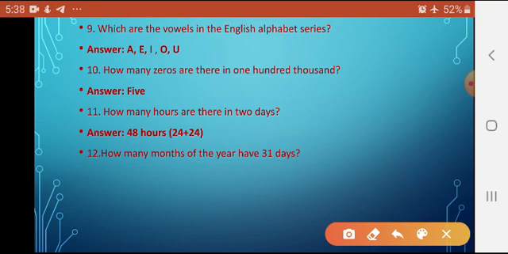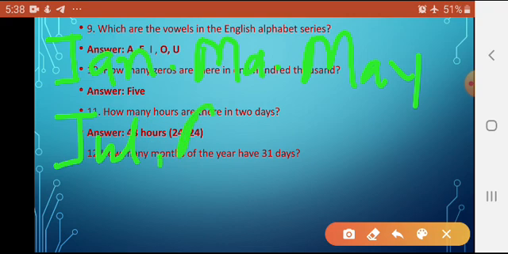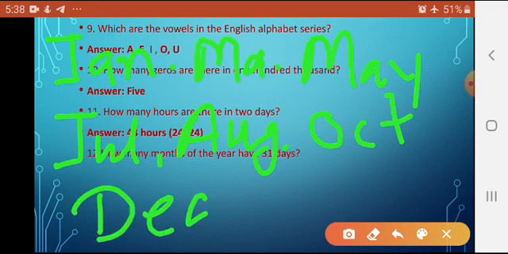So if we count, the first month is January, second is March, third is May, fourth is July, fifth is August, sixth is October, and the last month is December.